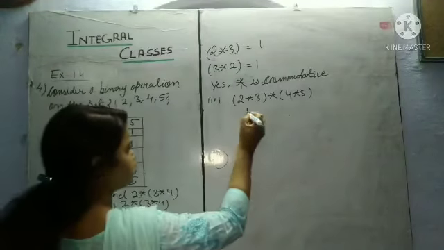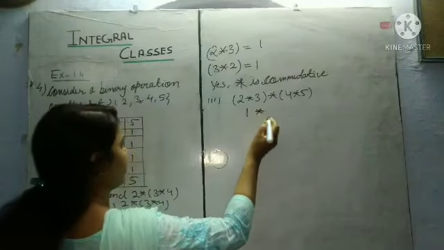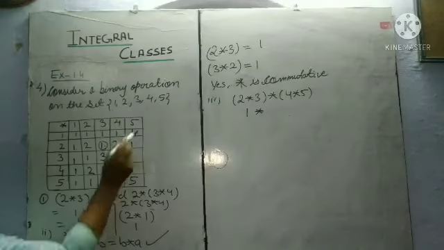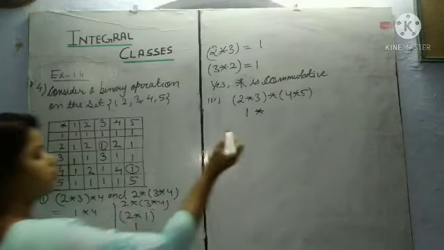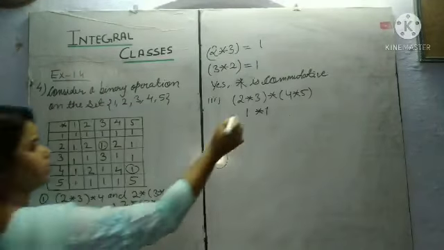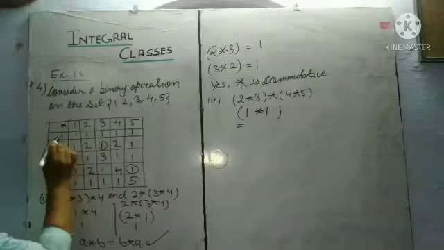So put here 2 star 3 equal to 1. Now 4 star 5. From the fourth row we go to the fifth column, and the answer is 1. Now what is the value of 1 star 1? 1 star 1 also gives 1. So the answer is 1.